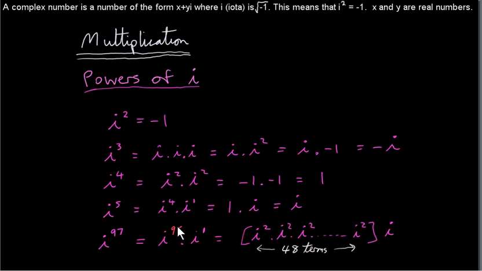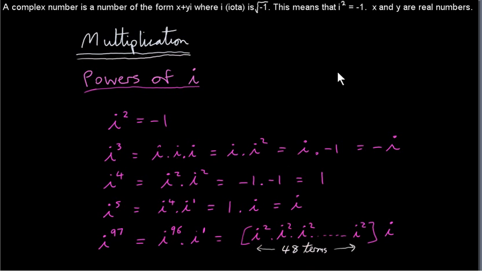We can then go on and write i to the power of 96 as i squared times i squared times i squared times i squared, 48 times, because 2 times 48 is 96. So we can break i to the power of 96 down into these 48 terms. Each term is just i squared. So, if we want to multiply this out, we just have 2 plus 2 plus 2, 48 times. That would give us 96.